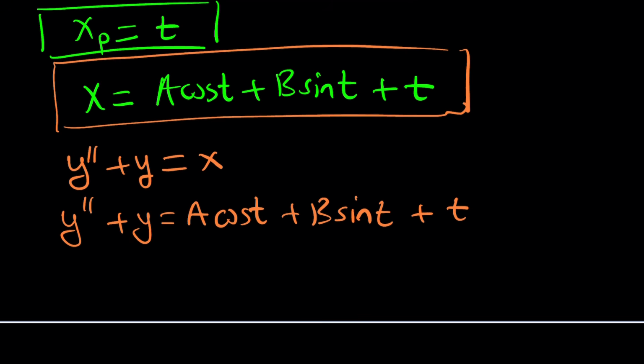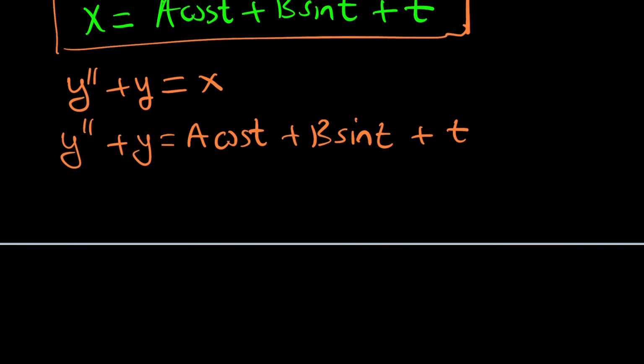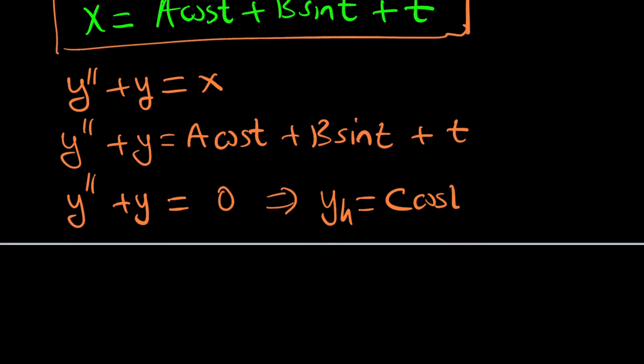We kind of need to find a particular solution for each one of them. So for example, let's start with the homogeneous case, y double prime plus y is equal to 0. As you know from before, the solution for this homogeneous case is going to be something like c cosine of t plus d sine of t.